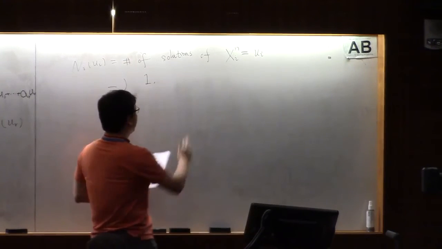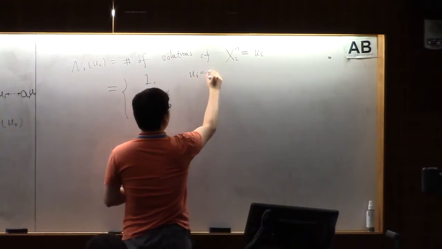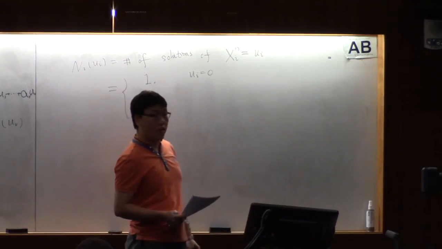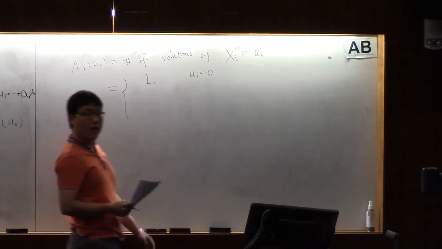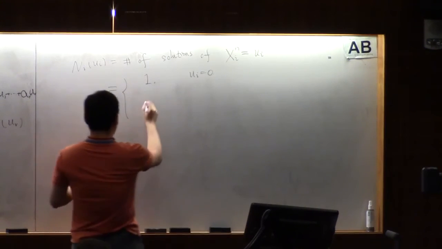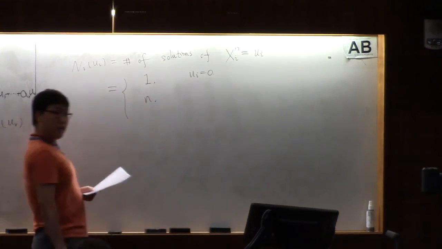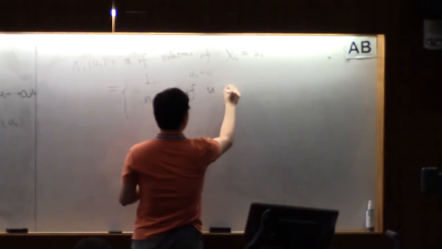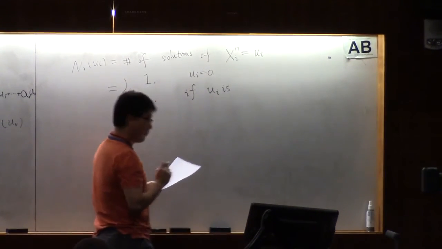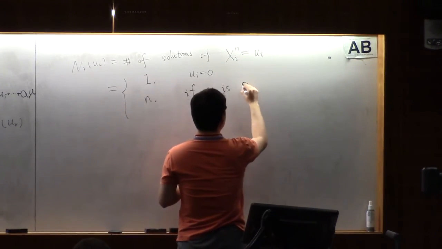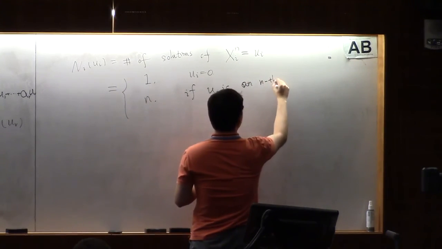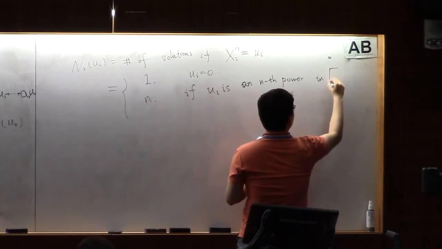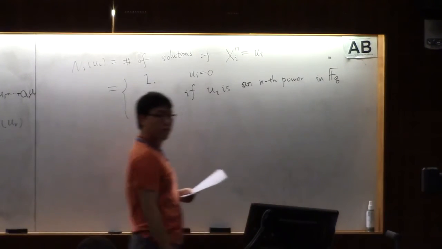It is 1 if this u_i is 0, because if x_i to the n is 0, of course the only solution is x_i is 0. And you have n solutions if this u_i is an nth power in the finite field F_q.